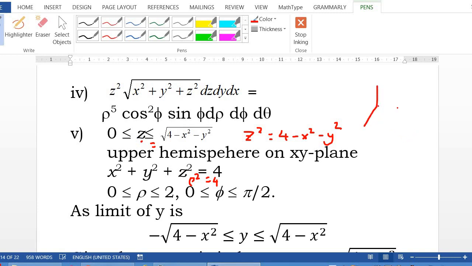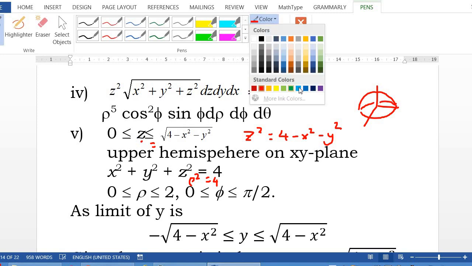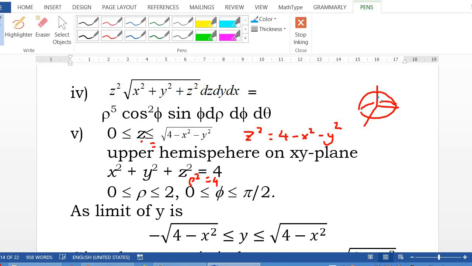To find phi, you rotate here. Because this is only the z positive half, you don't have the negative. So only half, that's why phi is 0 to pi over 2. If you have the full sphere, then phi is 0 to pi. So you got the limit for rho and the limit for phi.